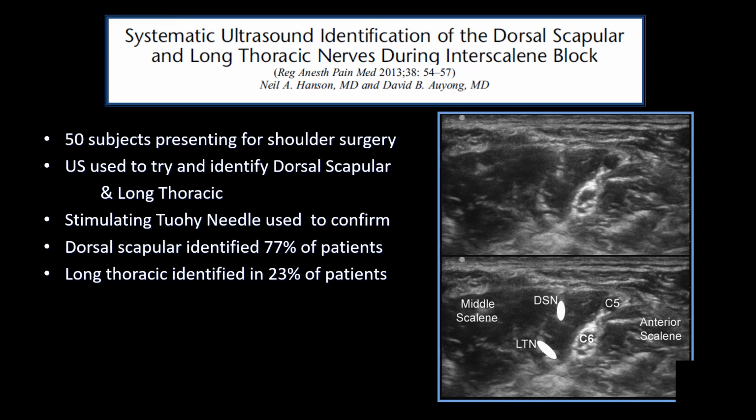Specifically in this paper, which is a little bit dated but still brings home the point, in around 77% of patients you could see the dorsal scapular and in 23% you could see the long thoracic. So again, these are nerves that lie in the middle scalene, so you want to be able to identify these prior to placing your needle through that muscle.